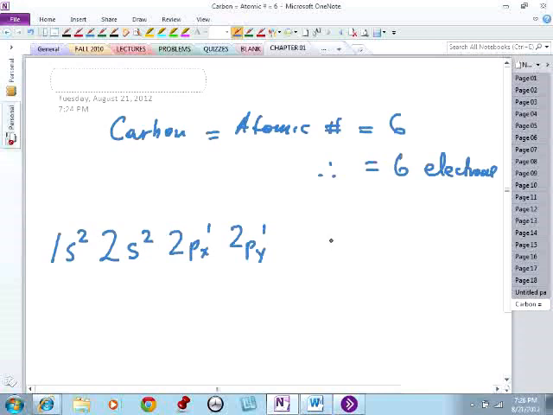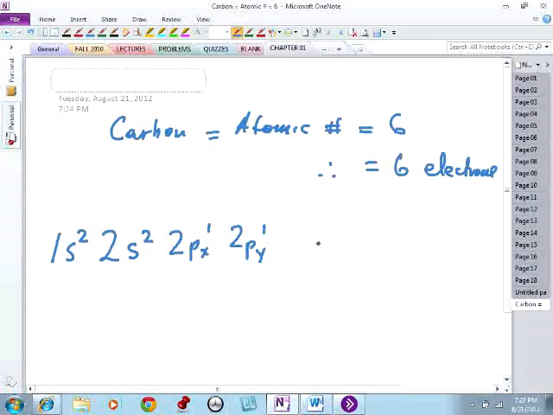Yes, go ahead. Yeah, at this point, I want you to do that because you will see why as we move on. Instead of saying 2p2, I would rather want you to place them in those suborbitals.